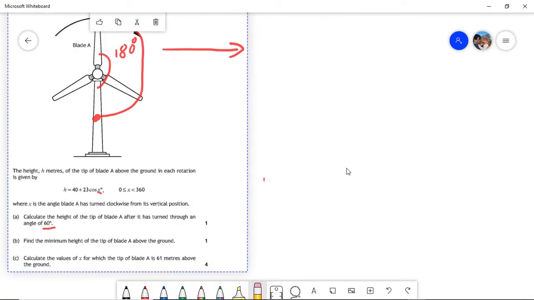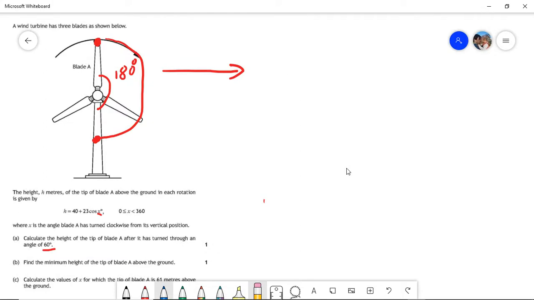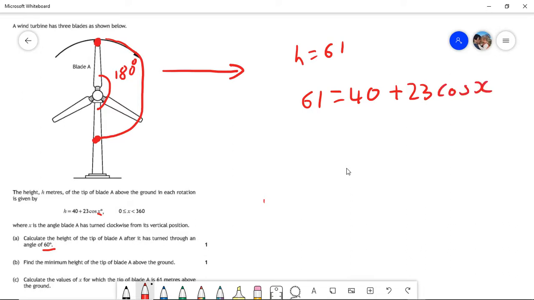So if I type this here, the height, it is telling you that the height is 61. So if I write this equation out again, I can write 61 equals 40 plus 23 cos x. All I've done is instead of writing h, I've written 61 because it gave me the height and it wants me to solve for x.